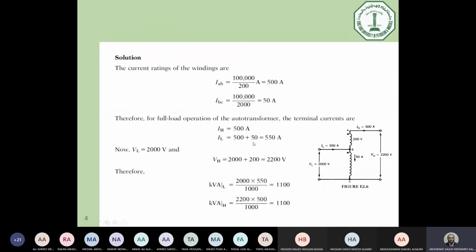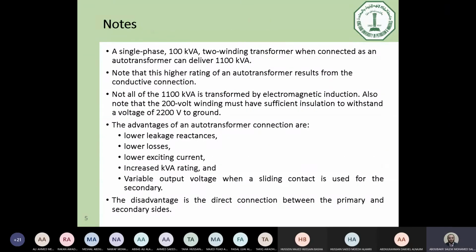So the power transferred now, shabab, is coming from two different ways: one because of the magnetic core, and another due to the physical connection between primary and secondary.